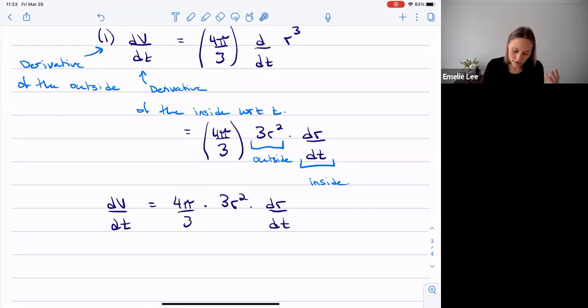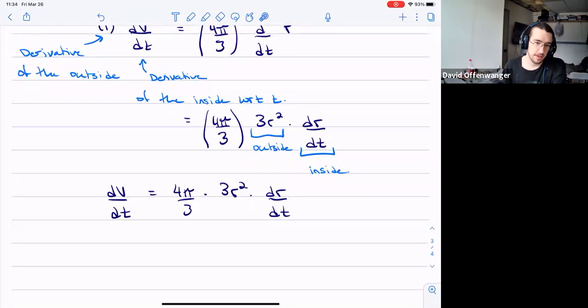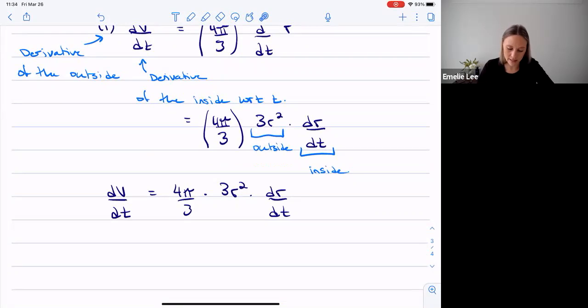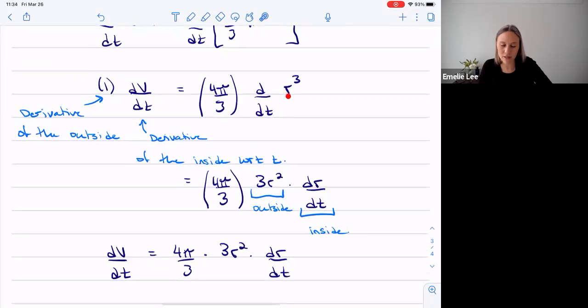There's only the one dr/dt, and we have values for everything else. You want to be careful, because if we plugged in 25 for the radius before we took the derivative, the derivative of 25 to the power of 3 is 0, because it's just a constant, so we wouldn't get anywhere. So you want to hold off until you've taken the derivative to tease out that dr/dt, and now we can plug in all our values.